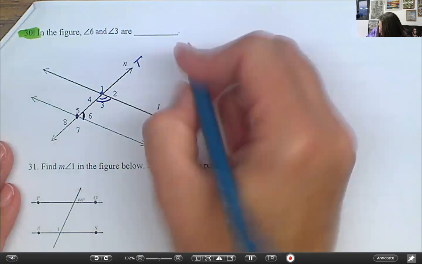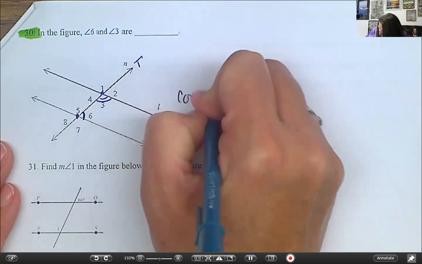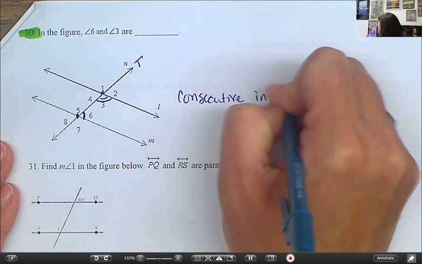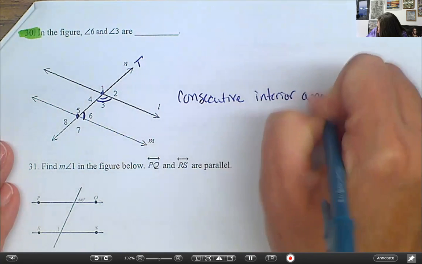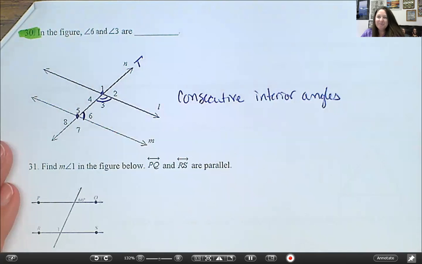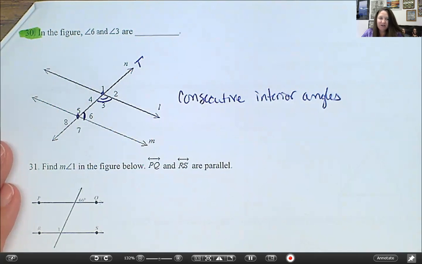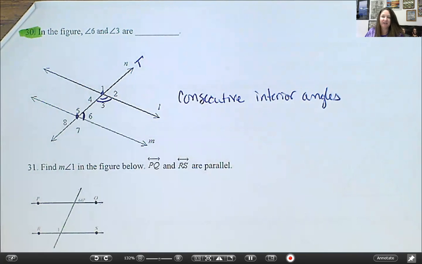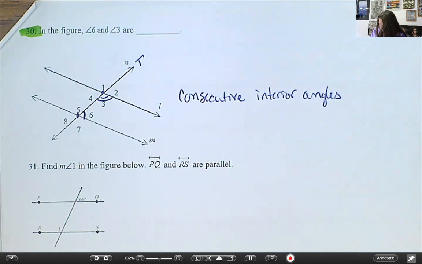So we called these consecutive interior angles. And if you remember, if our lines are parallel, then the consecutive interior angles are supplementary, or have a sum of 180 degrees. That would be the relationship there between those.